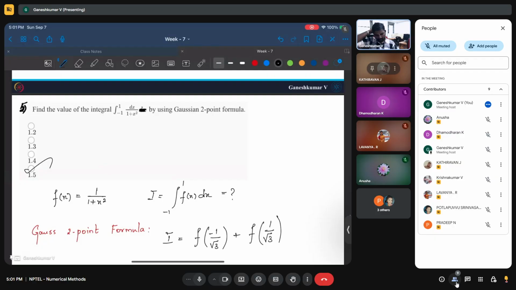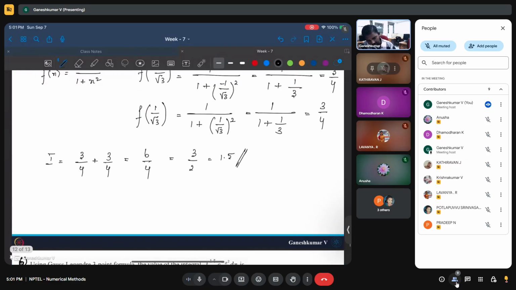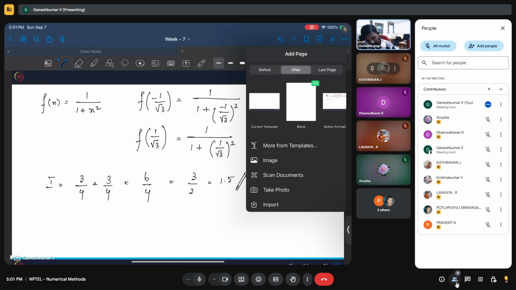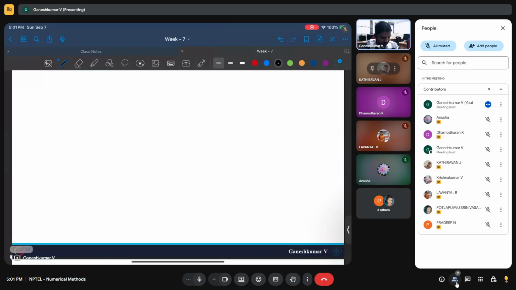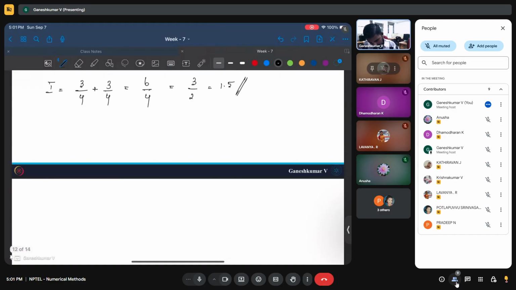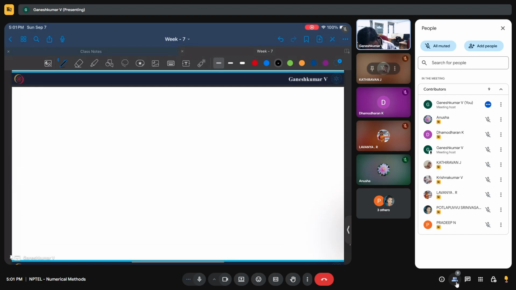Okay. But you also want to know what is the error this has, right? This function we can integrate. Let's try to integrate it. The integral from minus 1 to 1 of f(x) dx is the integral from minus 1 to 1 of 1 divided by 1 plus x square dx.